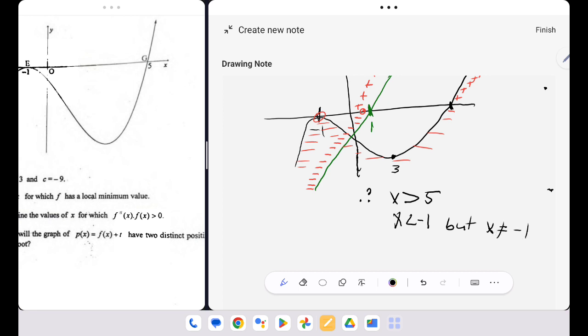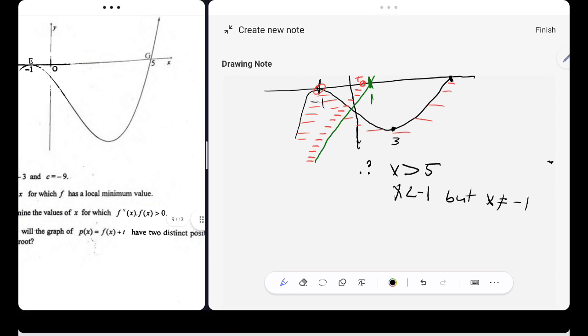It cannot be negative 1 because here at negative 1, x is not negative, x is 0. Yeah, so both my cubic function and my derivative have the same sign when x is less than 1.